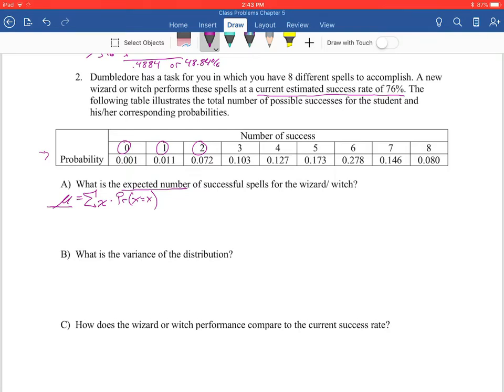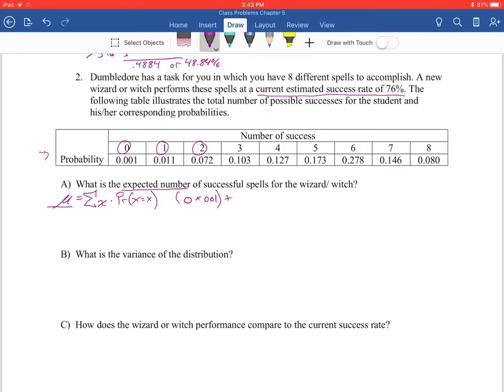The way we write this out is we're going to add up all of our x's times the probability of that occurring. So for example, we have x of 0, and we're going to multiply that by 0.001, which is the probability of 0 occurring.